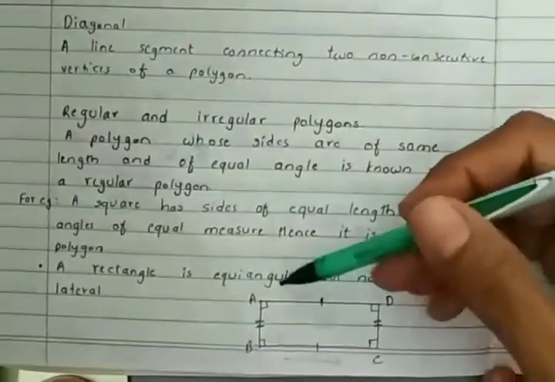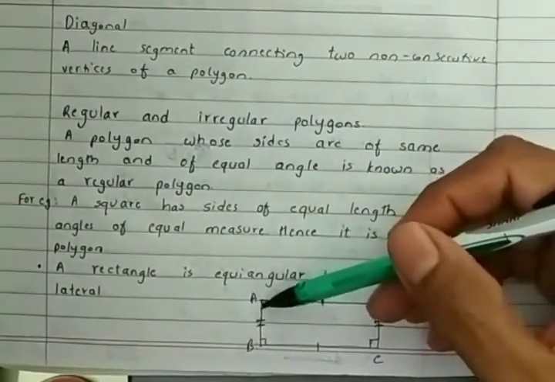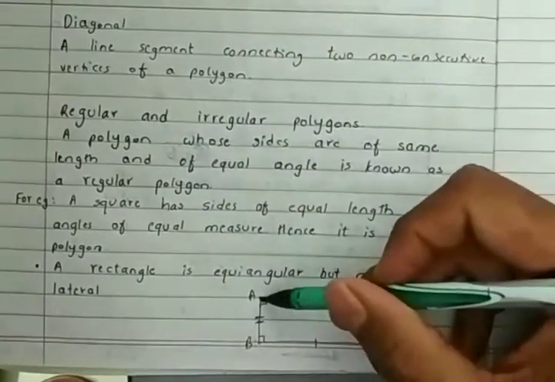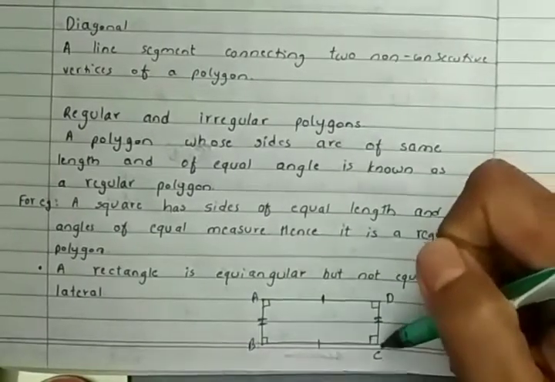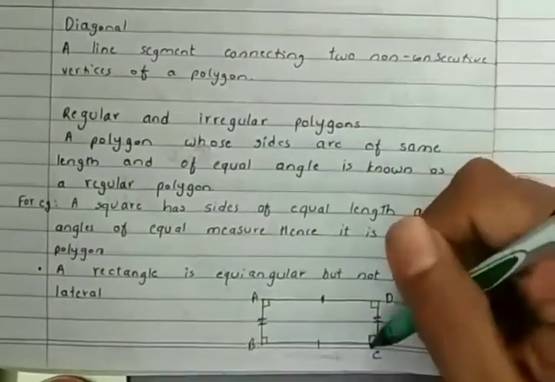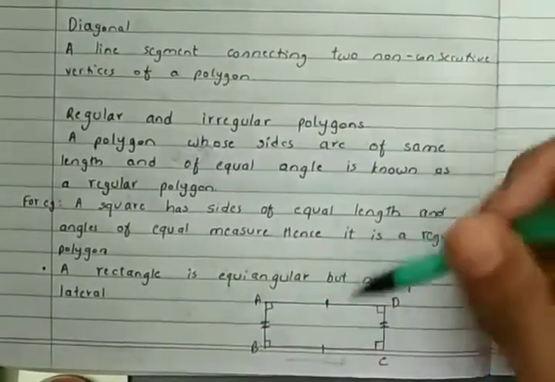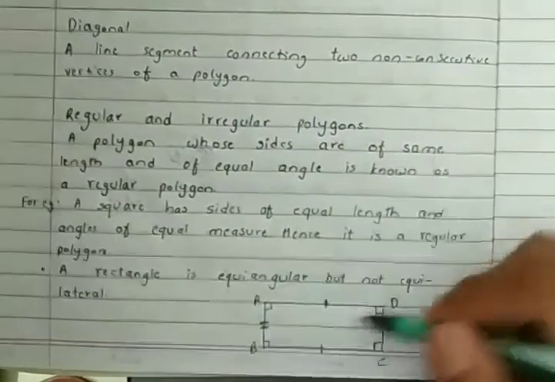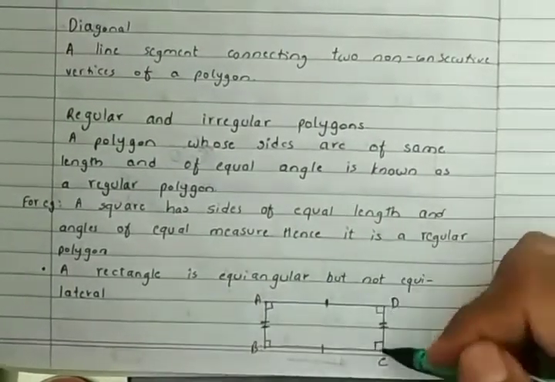If you take the case of a rectangle ABCD, AB line segment is equal to length of the line segment AB is equal to same distance of CD. Now AD and BC are of the same length, so they have been denoted by this vertical line.